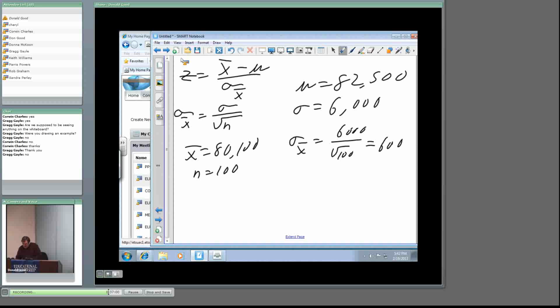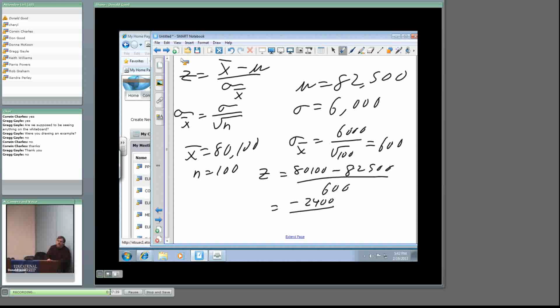All right. So I've got my standard error. That goes into factoring what the Z is. The Z is 80,100, that's the sample mean, minus the population mean of 82,500, divided by the standard error of 600. 80,100 minus 82,500 is minus 2,400, which means women are earning $2,400 on average less than everybody.